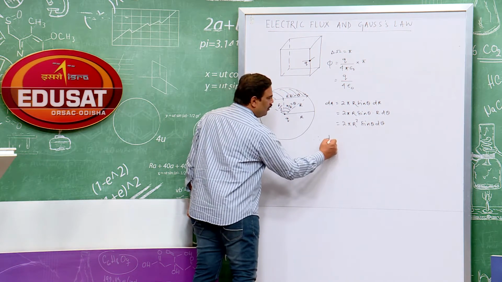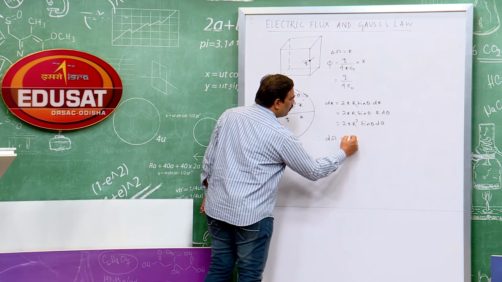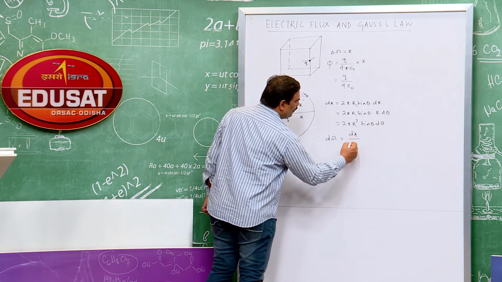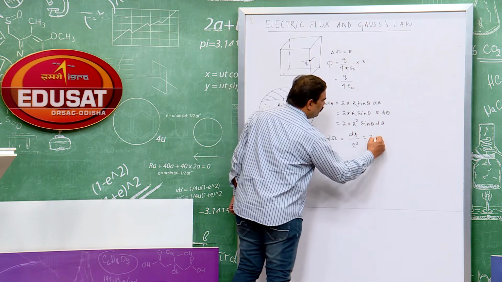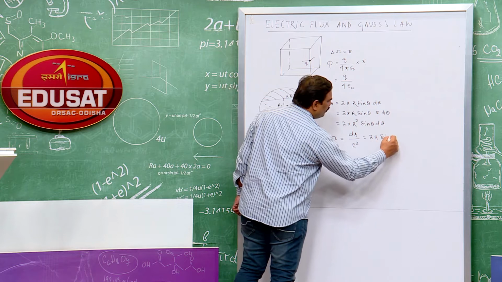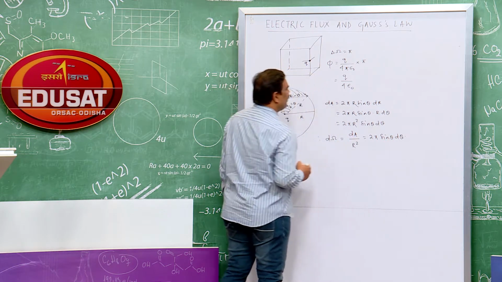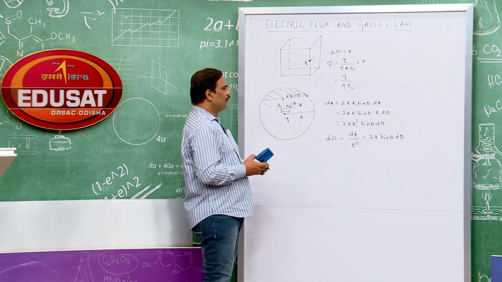Therefore, d omega equals dA divided by r square, this is 2 pi sin theta d theta. Okay.